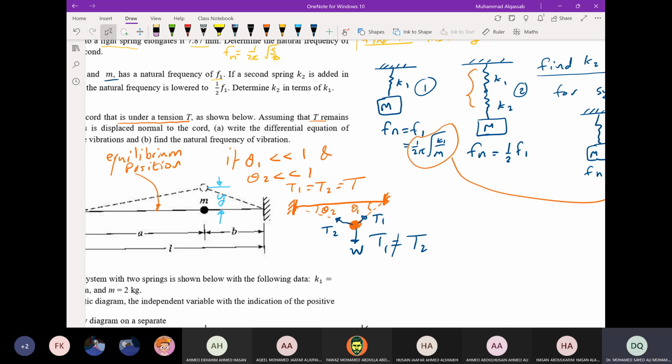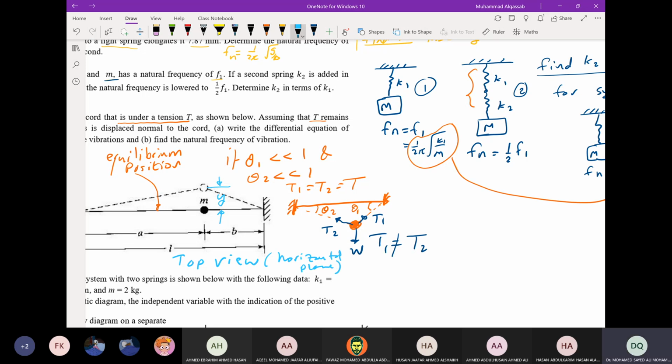You don't put the weight here. So you can consider this a top view, not a front view, where you can see gravity is downward. There is no gravity here. Okay, this is horizontal. The top view shows the horizontal plane. This is not the vertical plane.